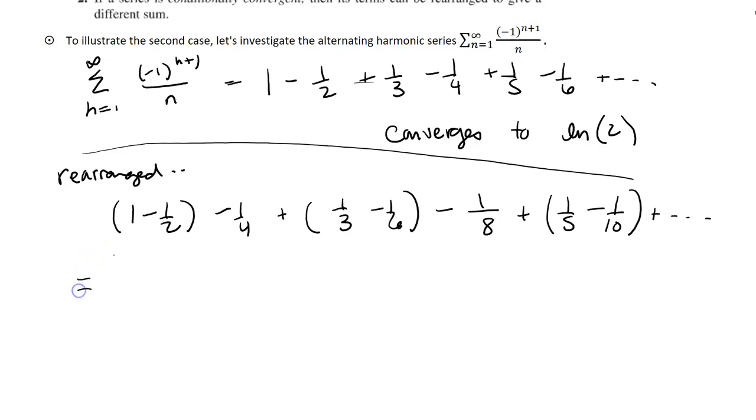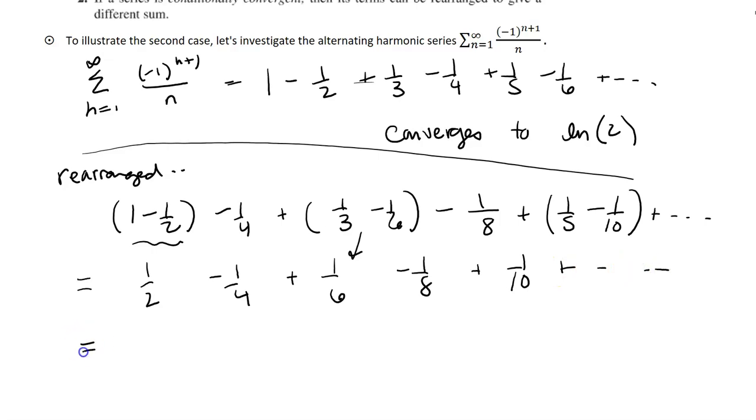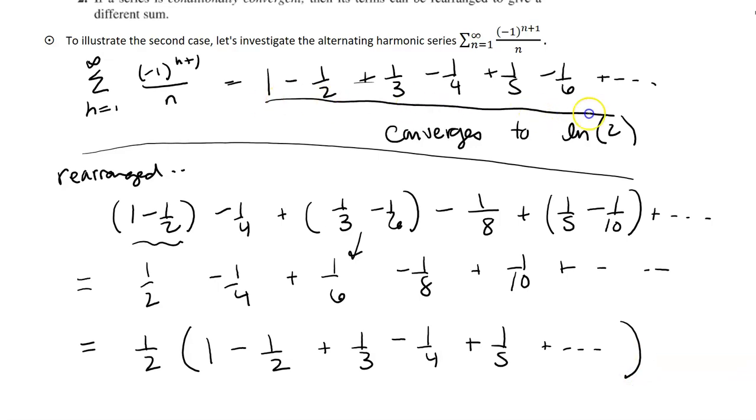Well, if I do some simplification, this would give me 1/2 minus 1/4 plus 1/6 from here minus 1/8 plus 1/10, and so on and so forth. And if I factored a 1/2 out of this, I would get 1 minus 1/2 plus 1/3 minus 1/4 plus 1/5. This is looking familiar. It's exactly what we started with. Now this goes forever.